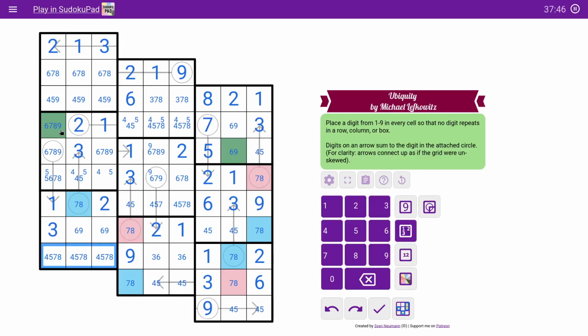Four, 5, and a 7 or 8. A peach one, to be exact. 3 plus 4, 3 plus 5, yep.